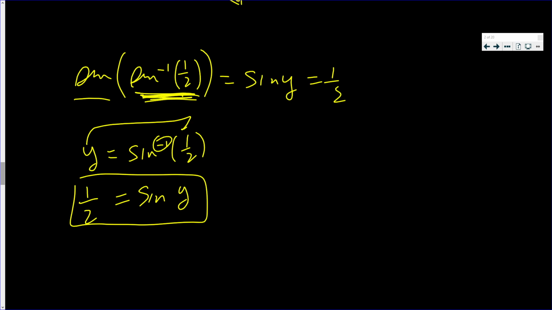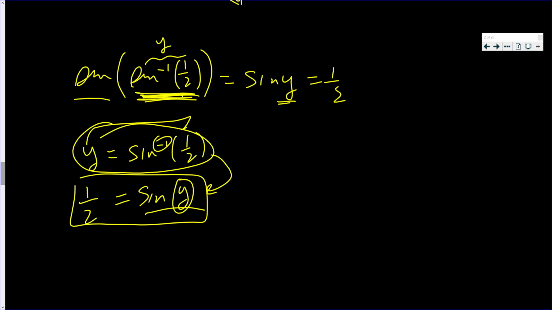I gave this a name. I called it y, and I even wrote down that statement. Then I said, this is the same as sine of y equal to a half. And of course, y is in between negative pi over 2 and pi over 2. But nonetheless, we don't want to know what y is. We want to know what the sine of this is, and if I call it y, I want to know what sine of y is.